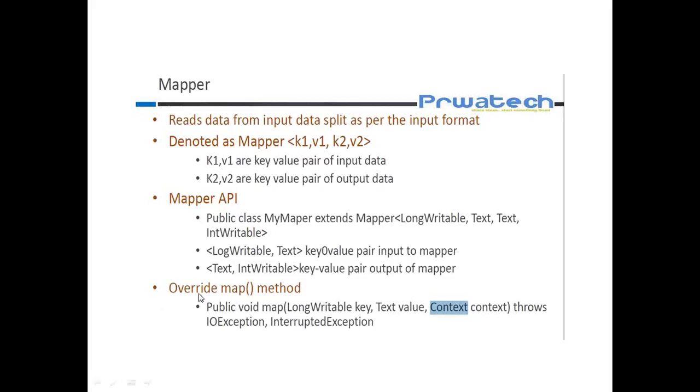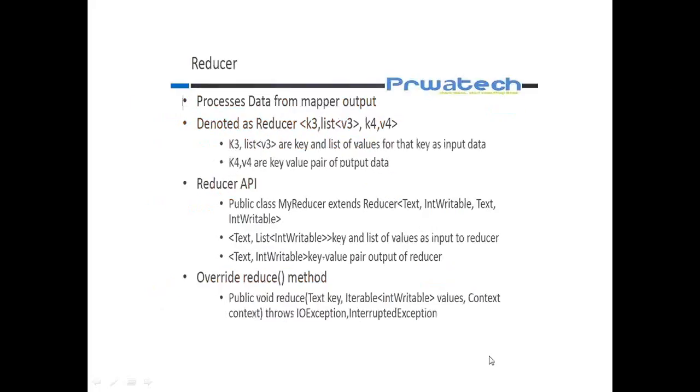Now the map method: in the map method we have LongWritable key, Text value, and context. This is the method in which we write the code to get the output from the mapper. We'll see the code as well.